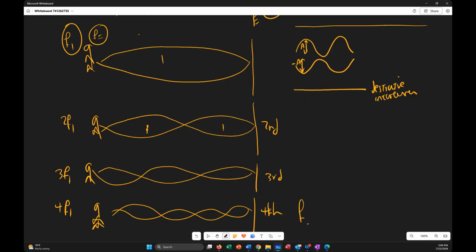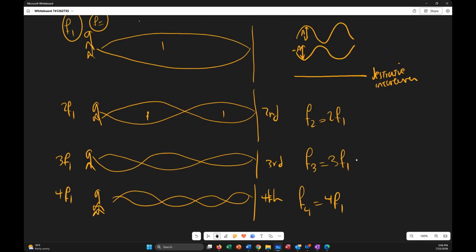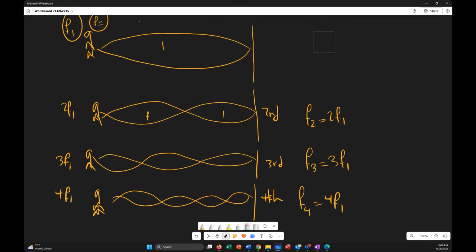So the fourth harmonic is going to be 4 times F1. The frequency of the third harmonic is going to be 3 times F1. The frequency of the second harmonic is going to be 2 times F1. Let me just erase these. And this is just F1.